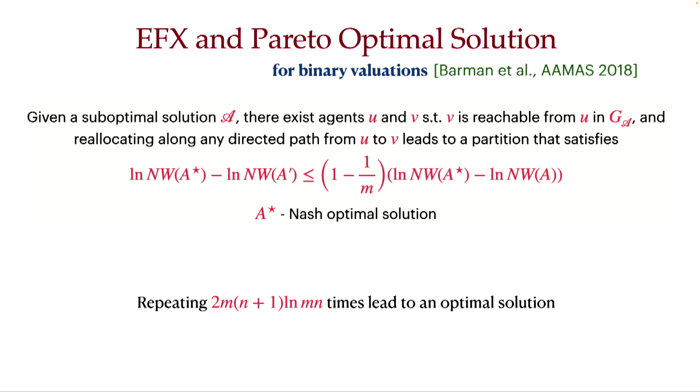If it was a suboptimal solution, then there is a guarantee that there exists a pair of agents such that if you look at a path between them and reallocate, there is some guarantee about the improvement of Nash welfare. If I keep doing it, then because of my lemma I will keep finding such pairs, and after these many iterations, I will reach the optimum.